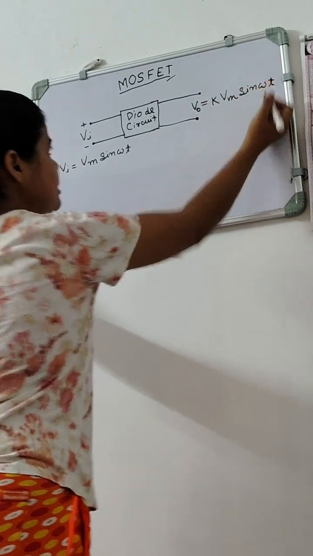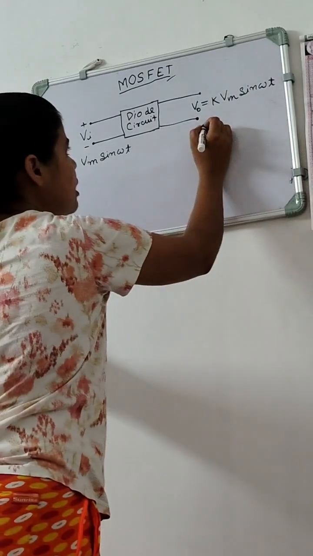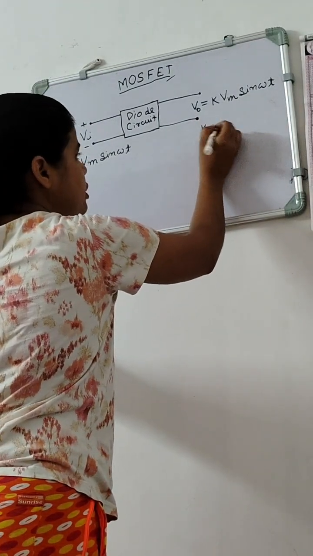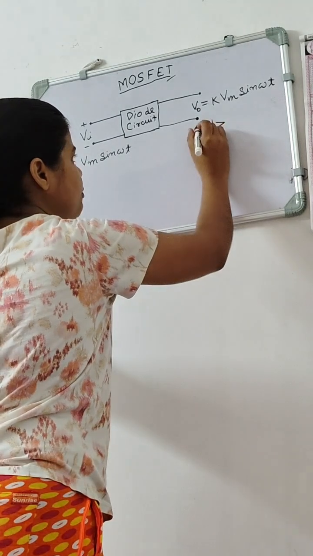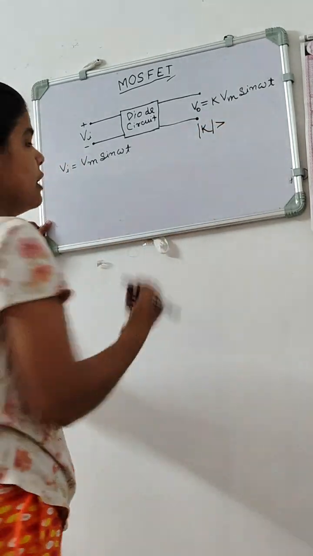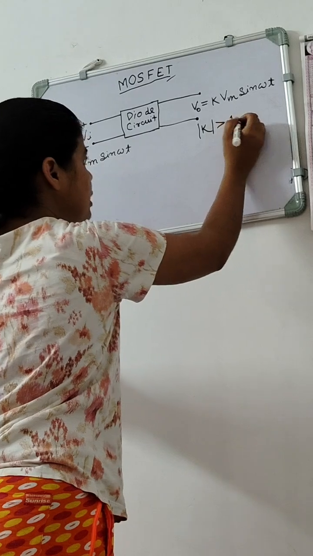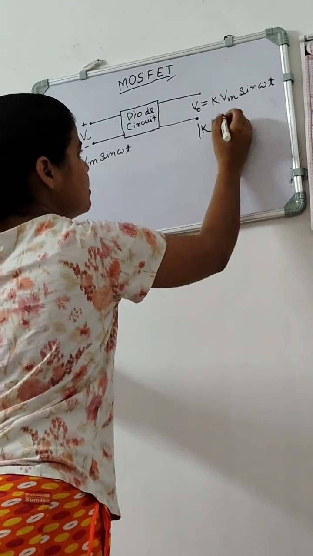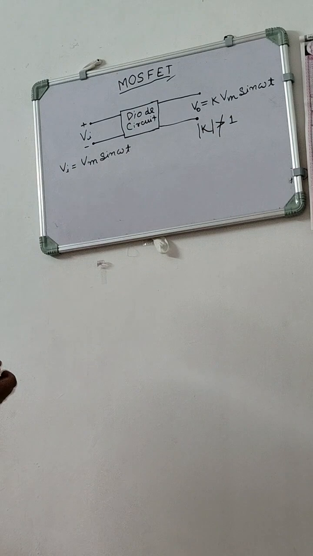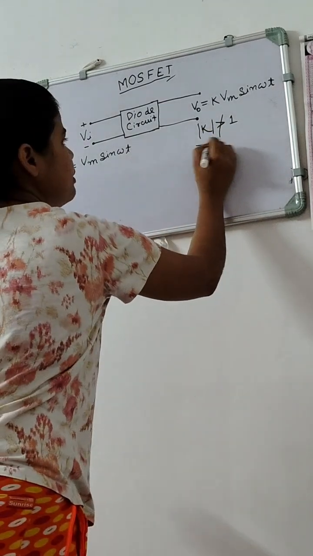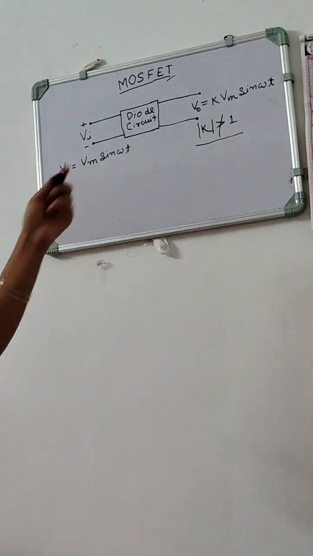Then it is not possible that the magnitude of K is greater than 1. It is not possible, as we saw in the earlier slide.